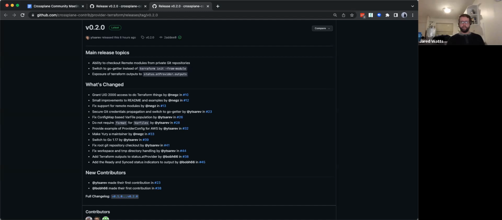Yuri, I definitely appreciate as well the effort that went into this release to stabilize it, but also to fill in some feature functionality gaps. And so this is now becoming a useful bridge for starting to get your feet wet with Crossplane, starting to move some of your Terraform workloads into it, and continuing as a part of a grander vision for adopting Crossplane.